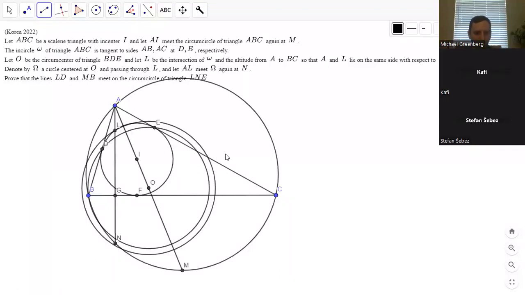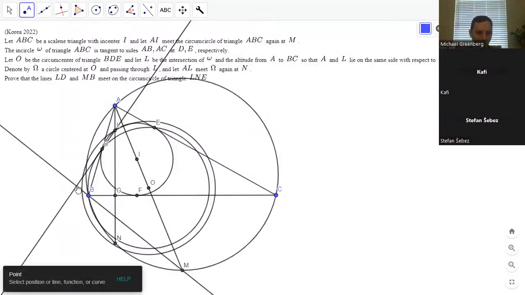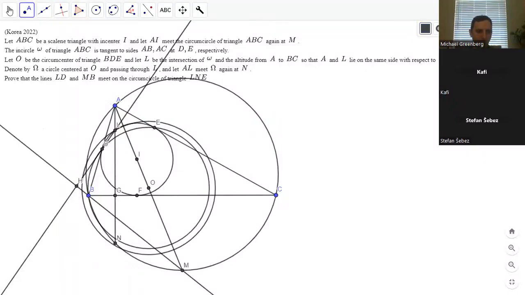And then we want to show that LD and MB meet on the circumcircle of LNE. So we want to show LNE and this point is cyclic. So these look perpendicular.